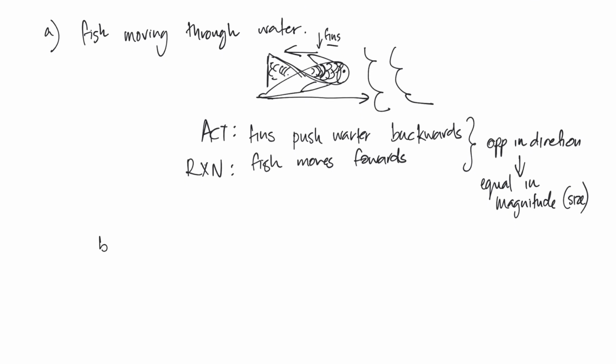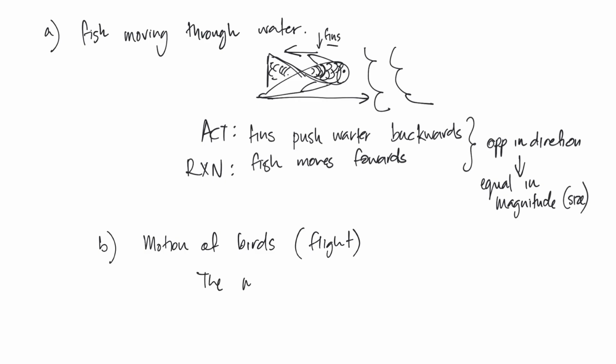So if I think of another scenario, B, the motion of birds, particularly their flight, and how does their flight happen? So a bird flies. I'm going to draw a bird. A bird flies using its wings.